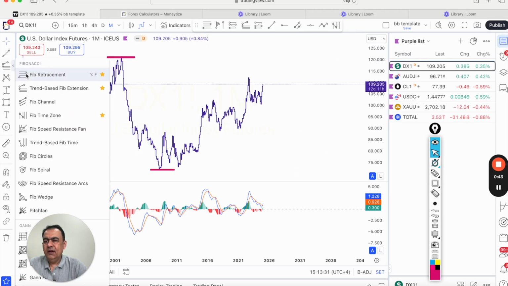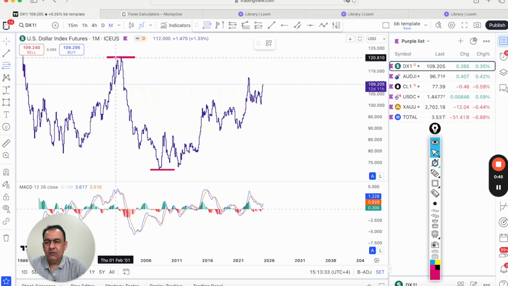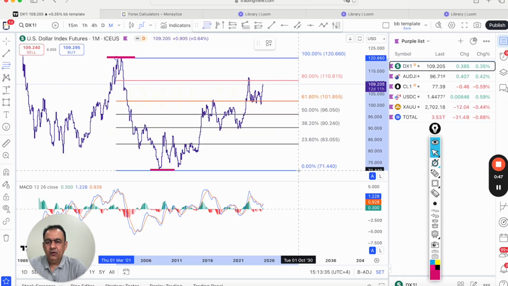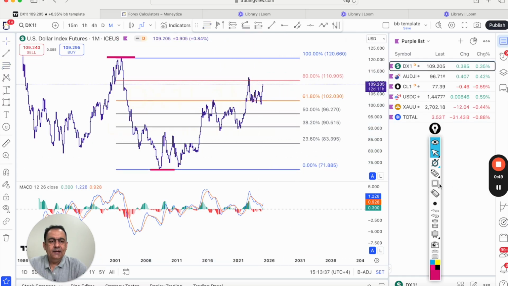And we are in between 61.8 to Fib retracement 80%. So these are the two important zones marked on the basis of Fib retracement. Let me highlight the zones here. So this is the support zone, and this can work as resistance area.